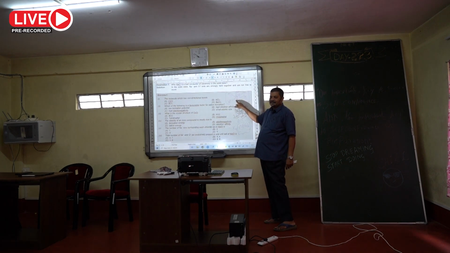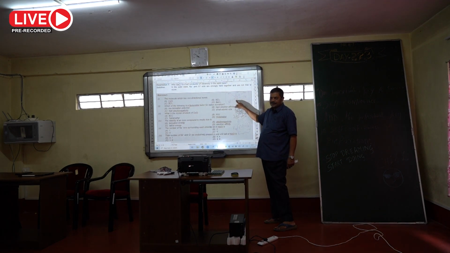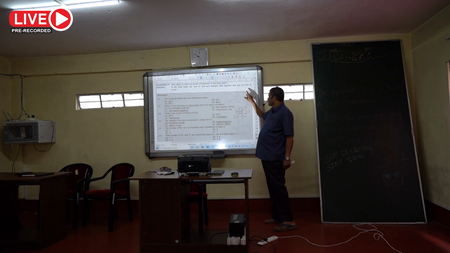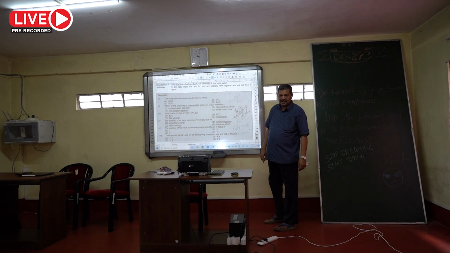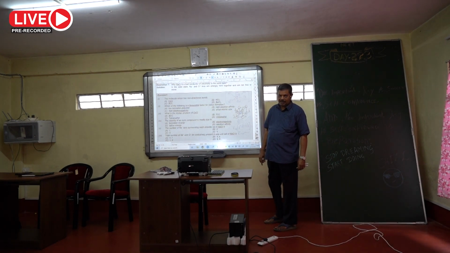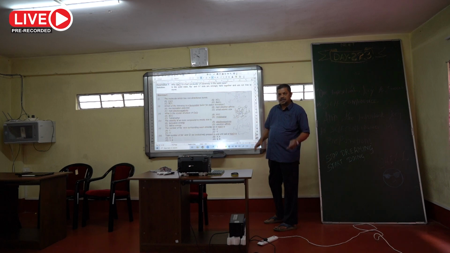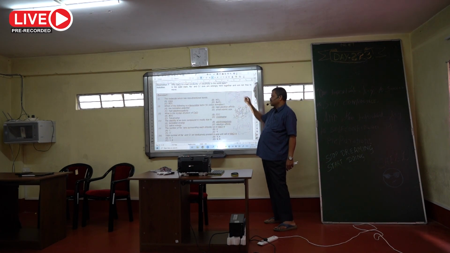The number of coordinate covalent bonds around a metal ion in the coordination sphere, which is represented in the form of a bracket, is called coordination number. So these we should not confuse. Here Fe is carrying how much charge? +2.